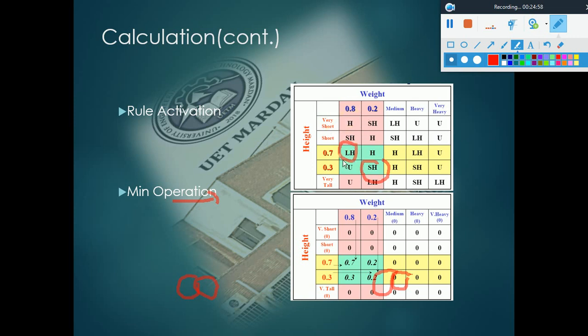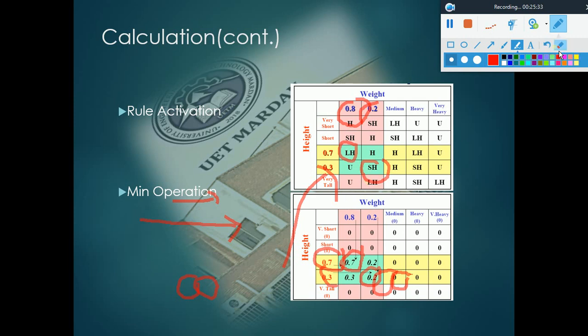Sorry, so here this is the min operation. Min operation means that, for example, if one value is 0.8 and another value is 0.7, the minimum value is 0.7, and here one value is 0.3 and the other value is 0.2, so the minimum value is equal to 0.2. So this is how we will take the values.